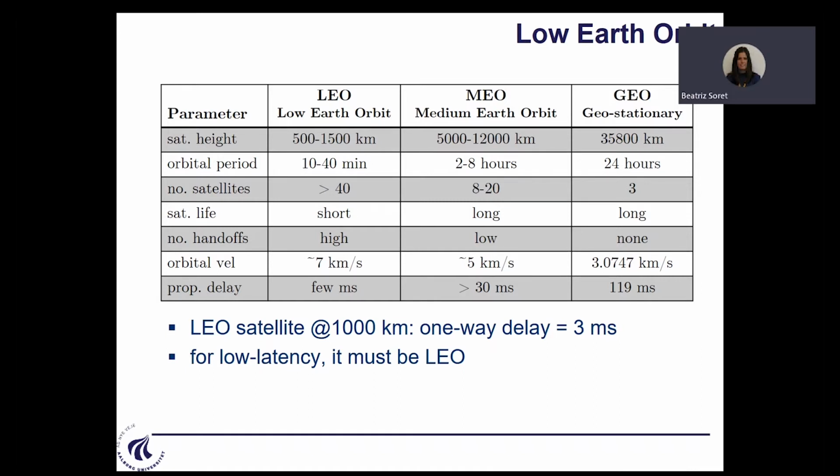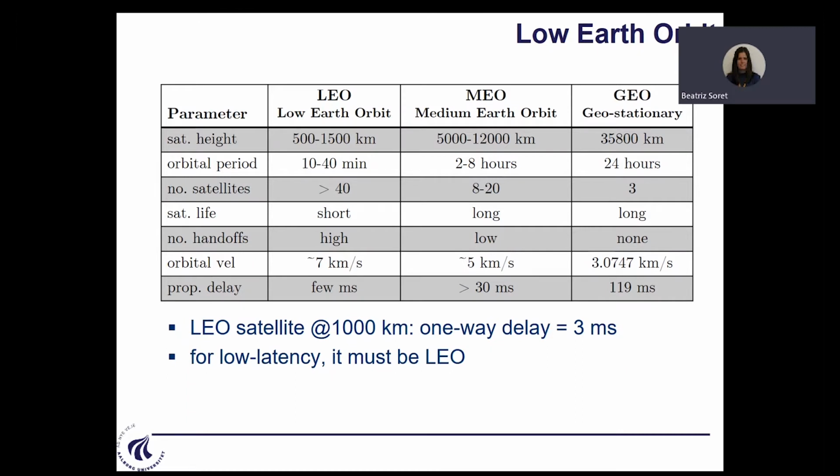And actually, if you want to have global and continuous coverage, then you will need, the number here is above 40, but usually it's probably a bit more if you also want some overlapping and some reliability in your coverage. So we are talking about hundreds of satellites as the usual size of a constellation.